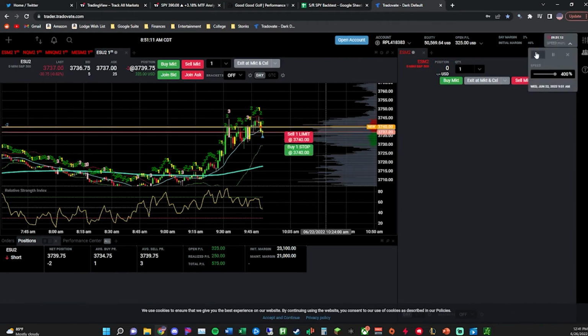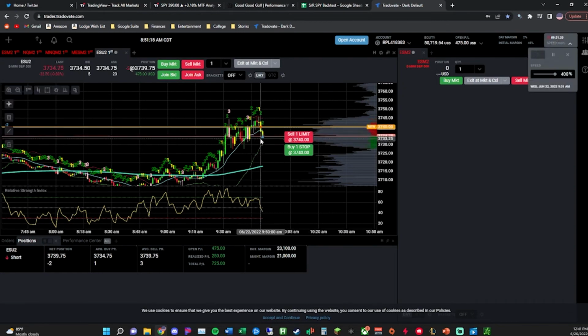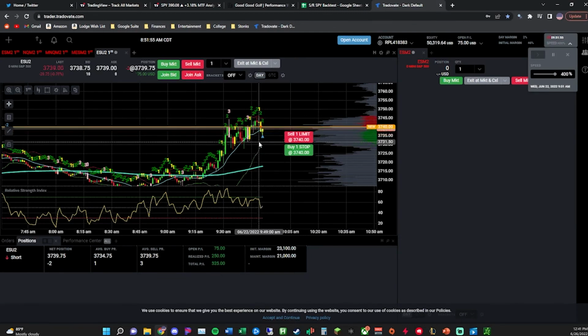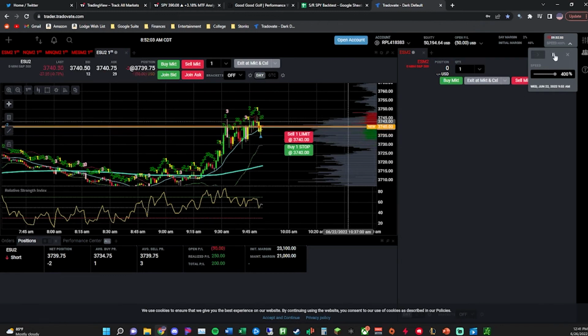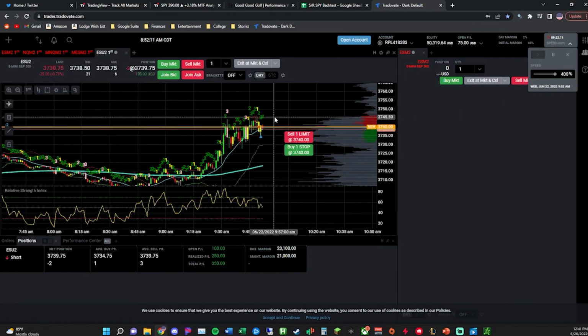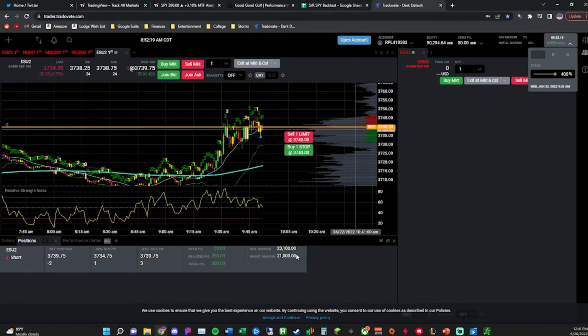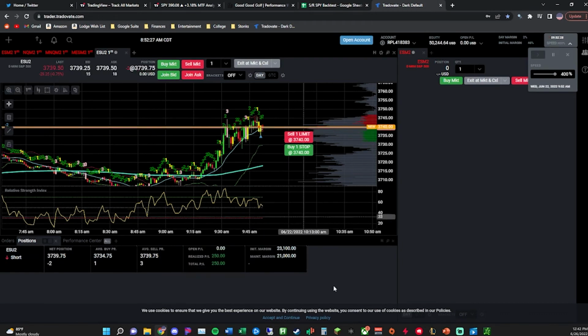So we'll let it keep going here. It's already hit my first 1R, but my price target's going to be down here at 37.31. As you can see, my risk was about 5 points, so 200 bucks a contract, so about 600 bucks. We've already secured about half of that with just our first trim.